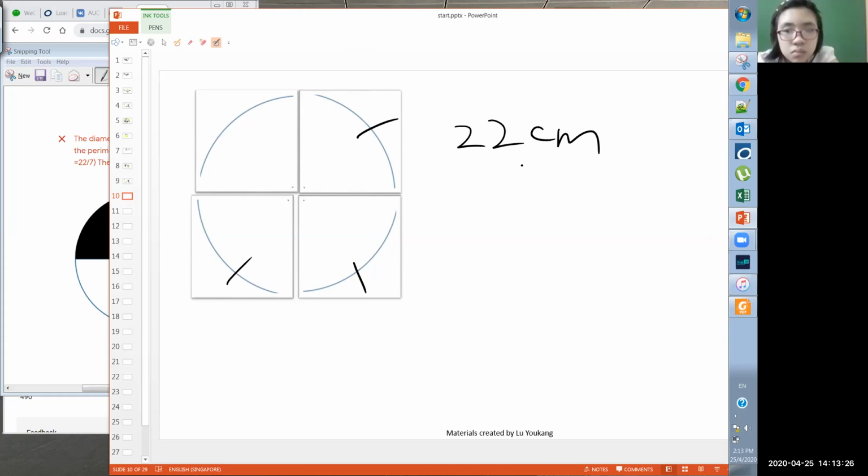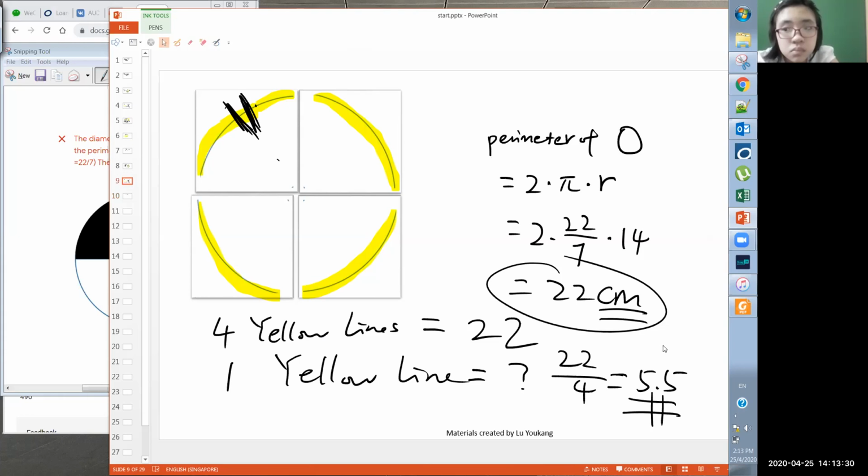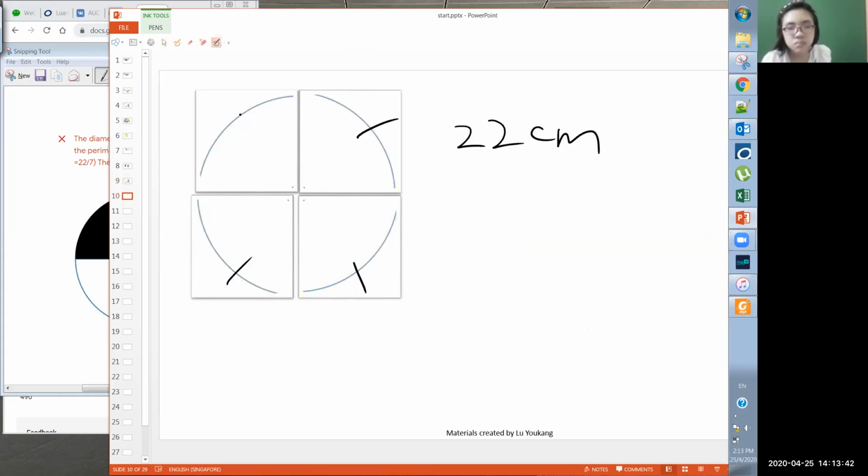And then the quadrant is how much? 5.5. Very good. So this part with the three slashes is 5.5. The whole thing is 22.